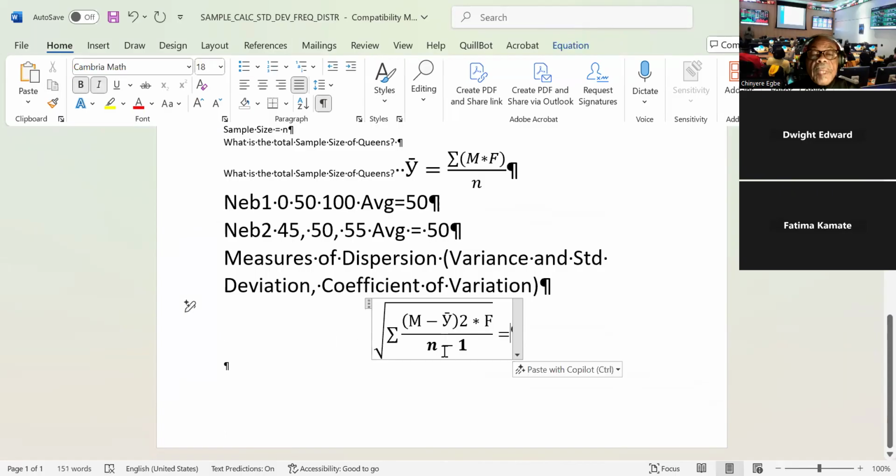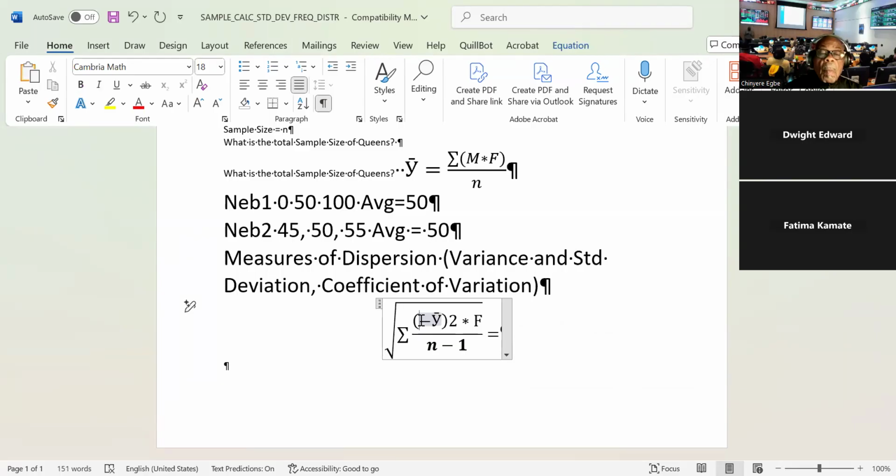Suppose you do not have grouped data, then this will be y minus y bar, which is you take each one.